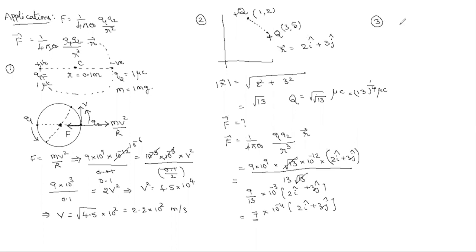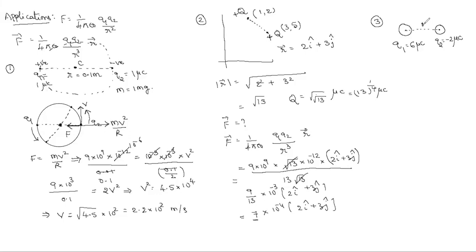And here the third model. Suppose these are 2 point charges, just drawn as spheres, but consider them point charges, of charges Q1 equals 6 microcoulomb and Q2 equals minus 2 microcoulomb. So the force is attraction.